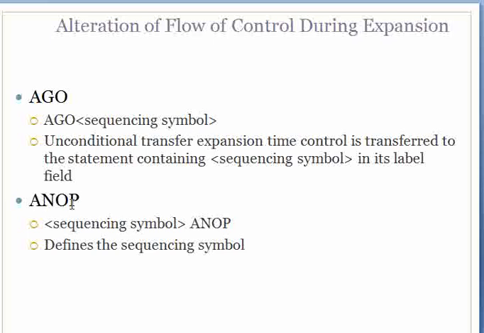And then you have ANOP, that is no operation, which is basically used to define a sequencing symbol. You write the sequencing symbol and then the ANOP keyword. So these were some of the ways to alter the flow of control during expansion. These are conditional expansion statements: if you want certain statements to be visited and certain statements not to be visited at all, then we use these statements.